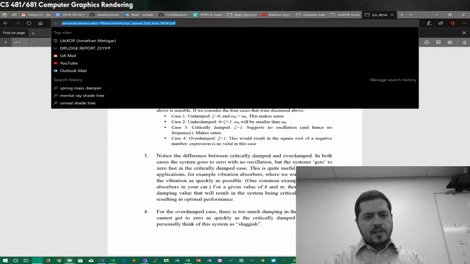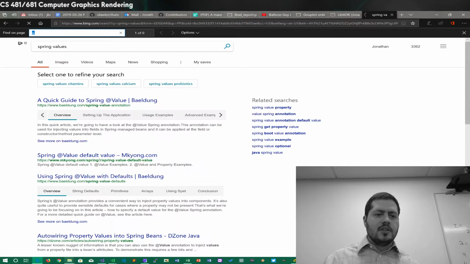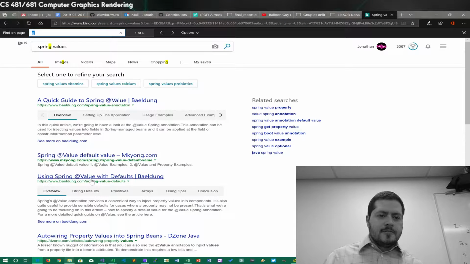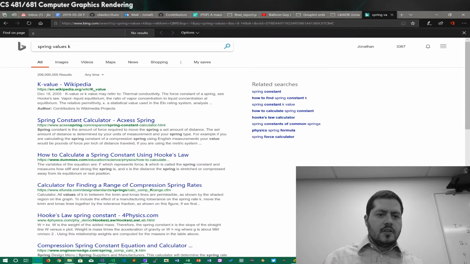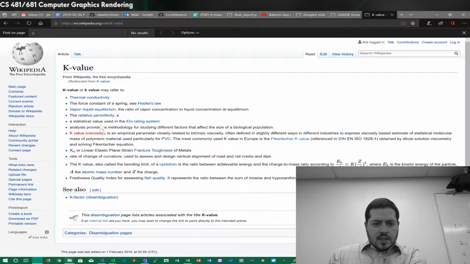So anyways, let's look up spring values. What are some realistic constants for Hooke's law?